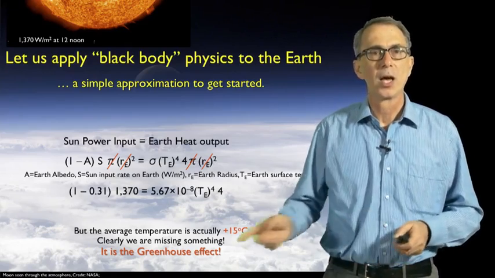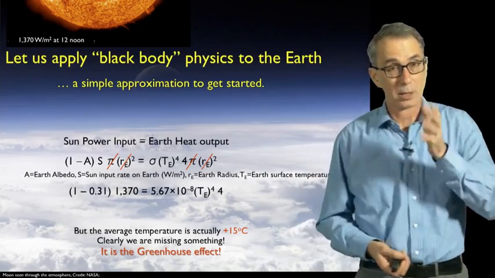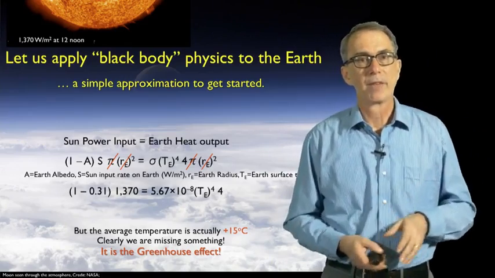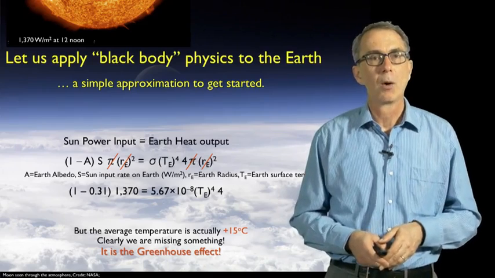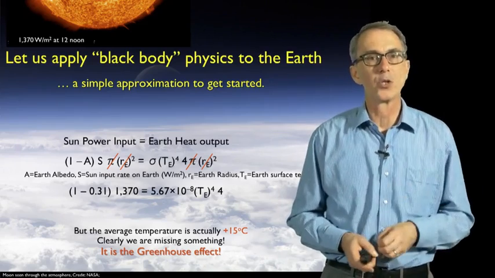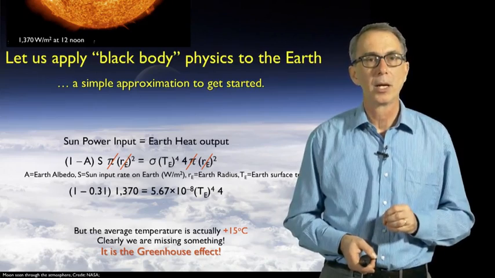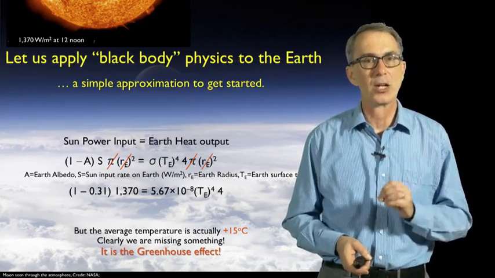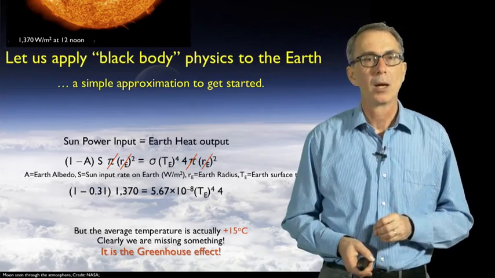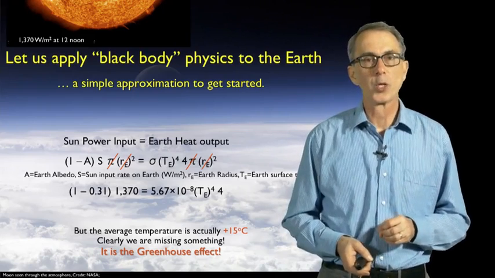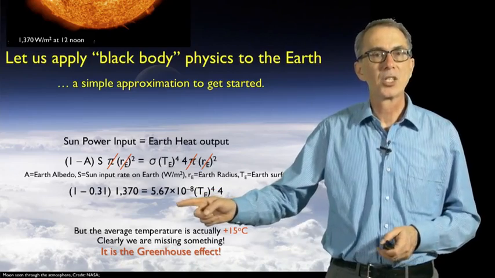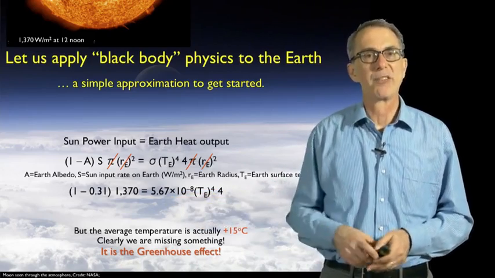It gives us, when we insert the albedo and the amount of sunlight that's coming in, 1 minus 0.31, because 0.31 is the albedo, times the intensity of the sunlight at the top of the atmosphere, 1,370 watts per square metre. This constant sigma is what's called the Stefan-Boltzmann constant.